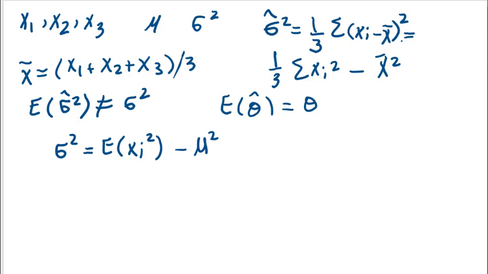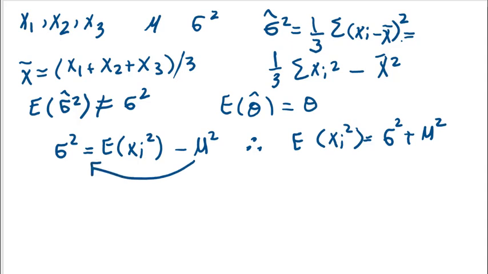From here, we can say that the expectation of xi squared would be equal to sigma squared plus mu squared. We just take this one to the other side. So let's remember this one.